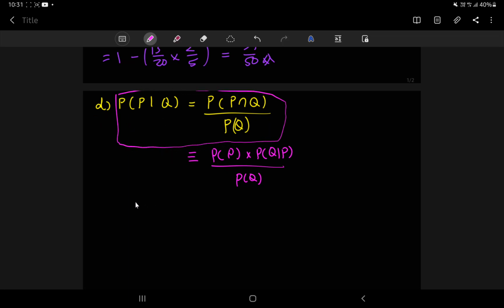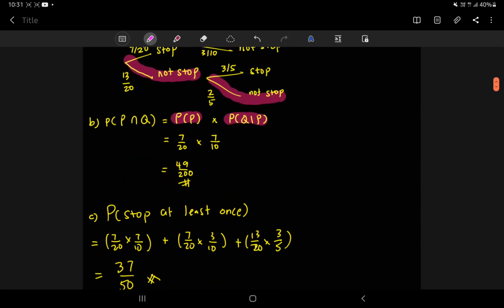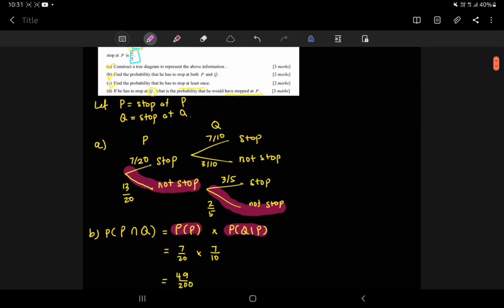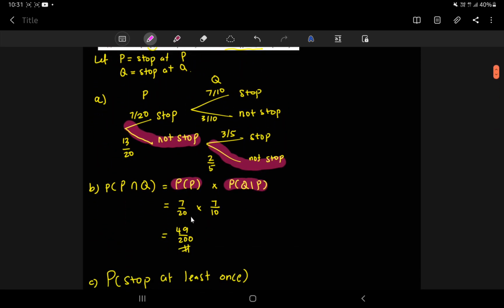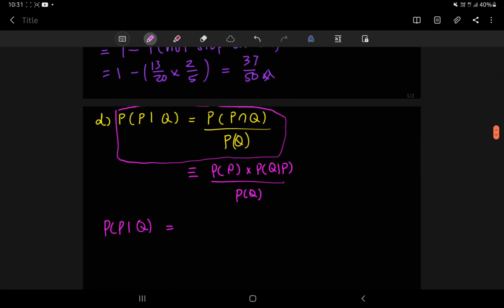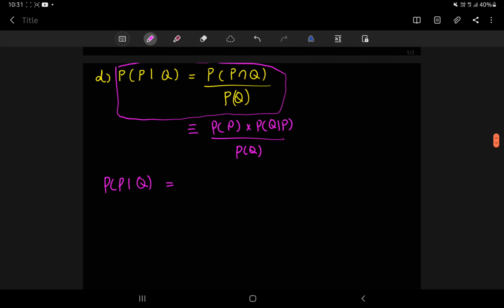The probability of P intersection Q we have done in part B, which is 49 over 200, divided by the probability of Q.